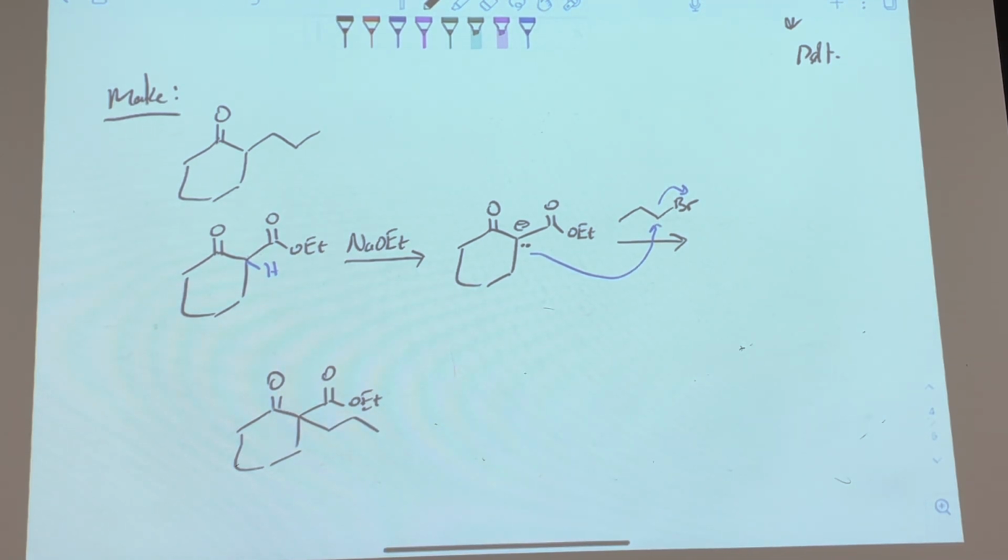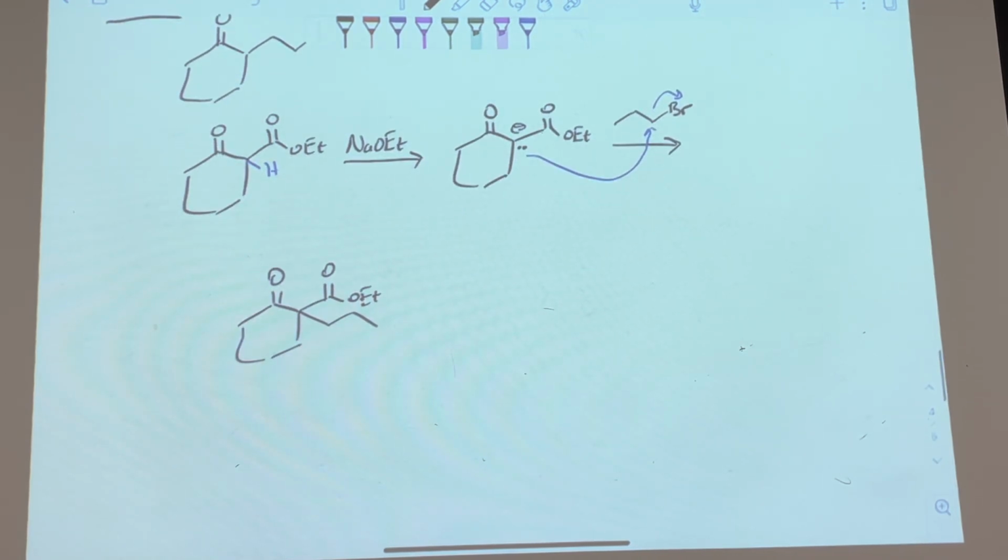I'm almost at the product that I want. All right. The only thing I've got to do is get rid of that pesky ester that's hanging on. And then you'd be at the product. And it turns out this is fairly easy to do.